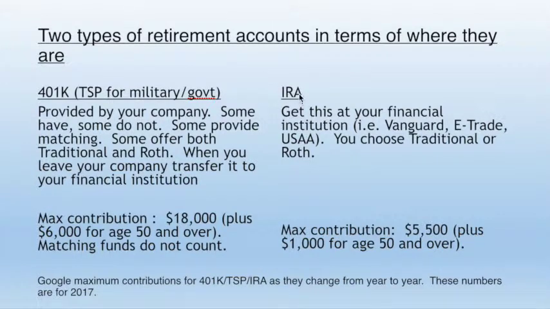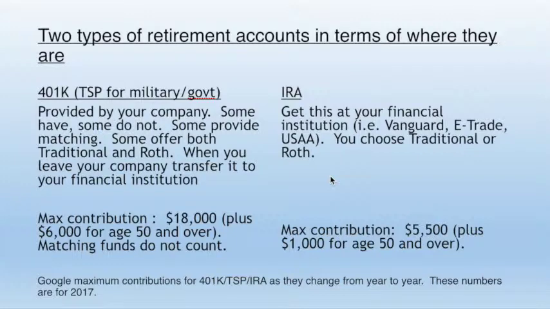An IRA is something that you get from your financial institution. It has nothing to do with your job. So you can contact Vanguard or E-Trade or USAA or whatever institution acts as a brokerage for mutual funds for you. And again, you can choose traditional or Roth.